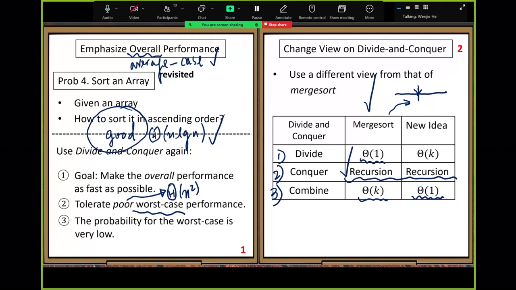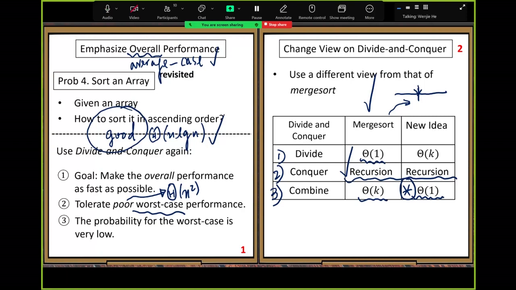We want to use big theta of 1 amount of work for that step. How can we do that? This is our goal. We want to do it in a completely different way.